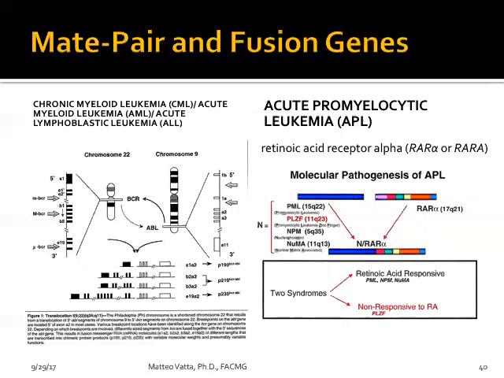ALL is a frequent cause of leukemia in kids. Usually they have a favorable prognosis. If ALL occurs in adults, the prognosis is dismal. So this fusion occurs between the two genes, BCR and ABL, and of course causes a new product that has new function, so it's a gain of function.